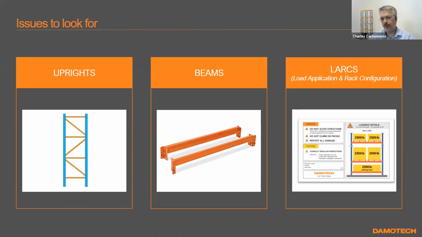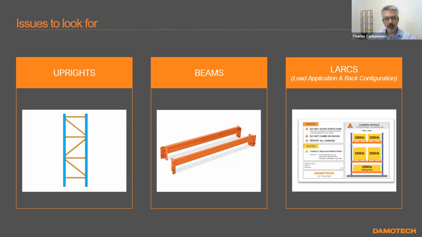The example you have here is just a load capacity plaque. But usually when you buy a rack from a manufacturer, it comes with a set of engineered drawings where they have calculations and they specify the thickness of the steel, the arrangement of the uprights, and generally all of the beam configuration, beam size, and beam elevations on the rack systems.